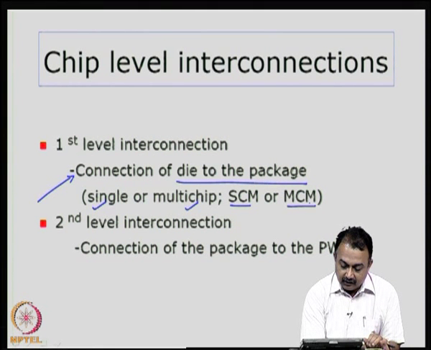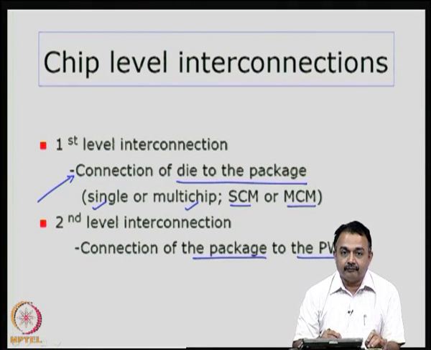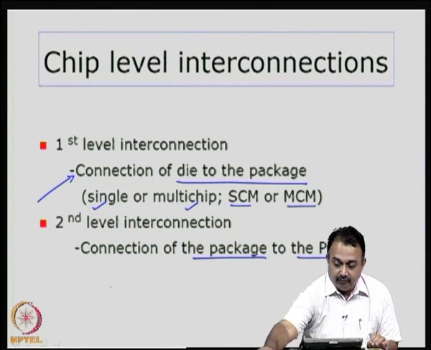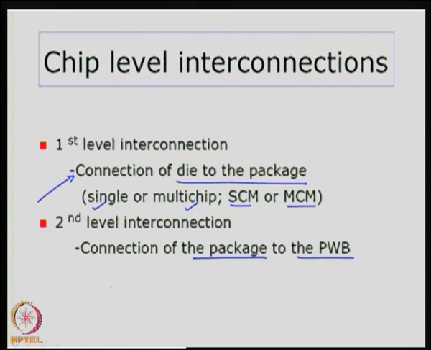The second level interconnection talks about connection of the package to the printed wiring board. Your QFP or a DIP package or a BGA, as you know, all of these are single chip packages.